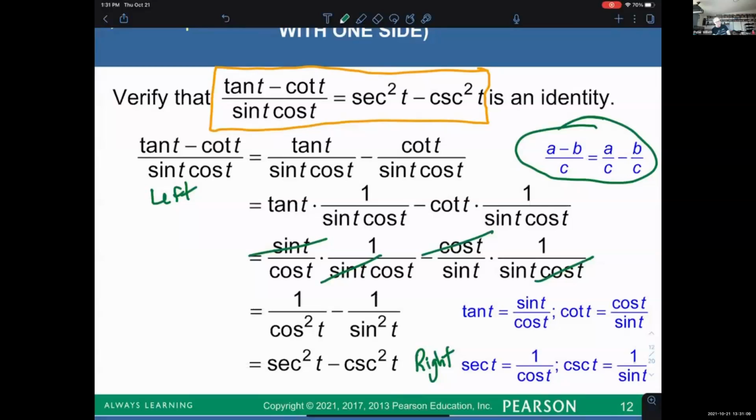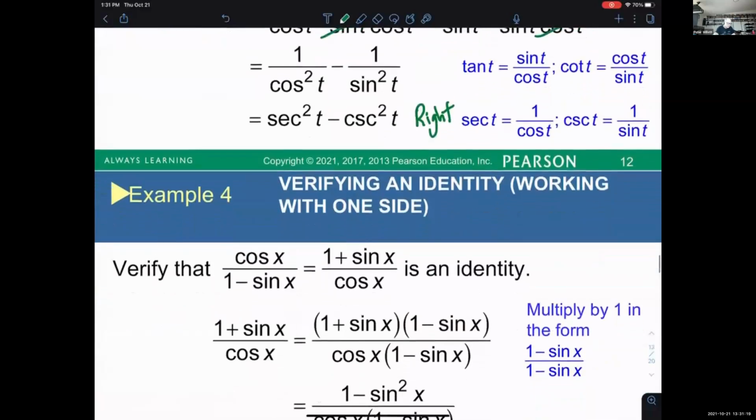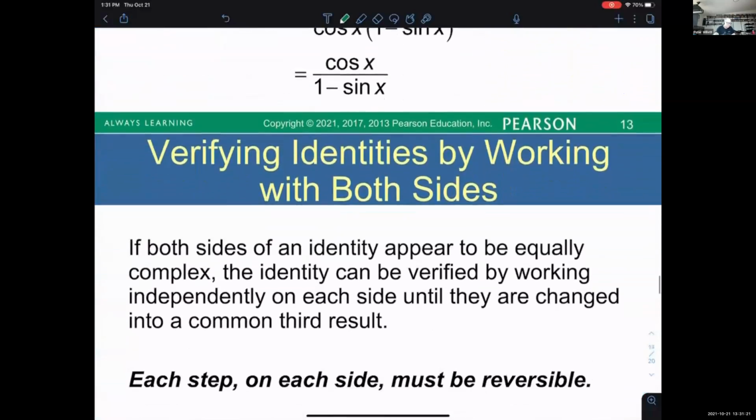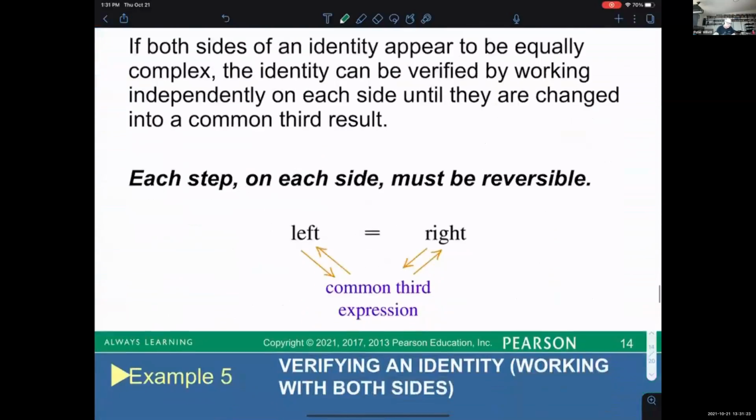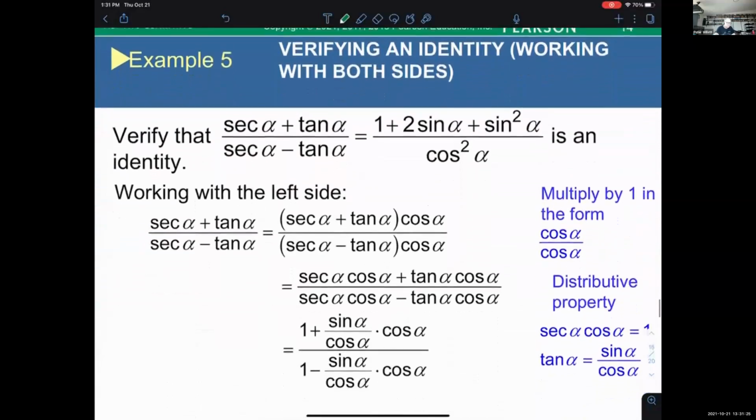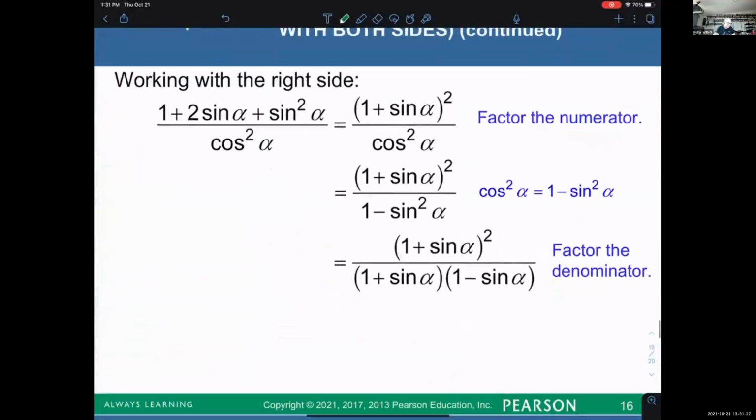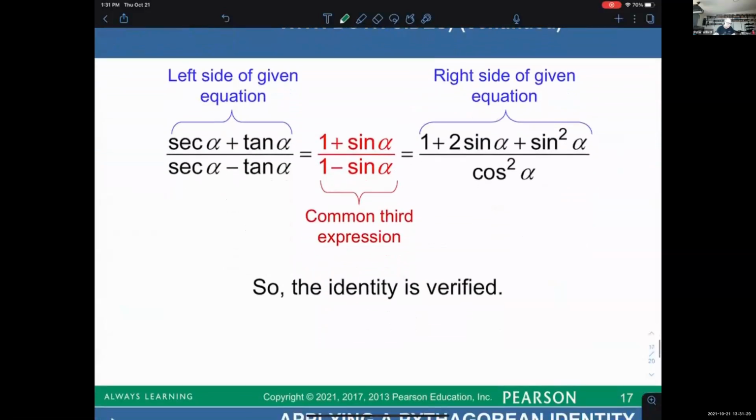All right, well, you can see we just did 3 examples in a row that after they gave all of their hints, they're basically just doing a bunch of examples for you. And so I can see there's an example 4. Then when they talk about working with both sides, they do an example 5. They do that.